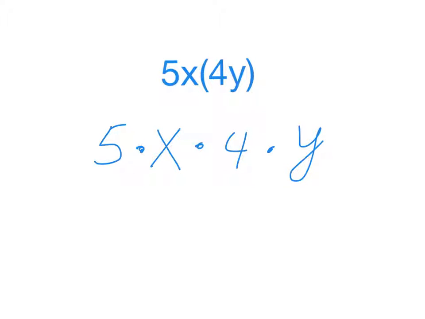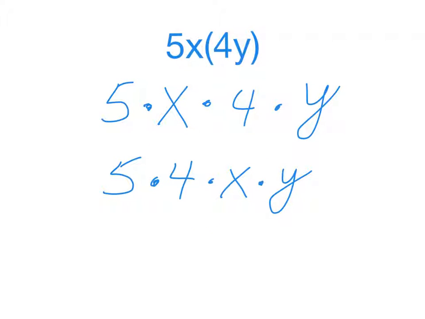And so, because of the commutative property, we can really keep swapping these numbers around until they're in an order that we would like them to be in. And what order would I like them to be in? Well, I would like them to be in the order where the numbers are multiplied times the numbers, and the variables are multiplied times the variables.